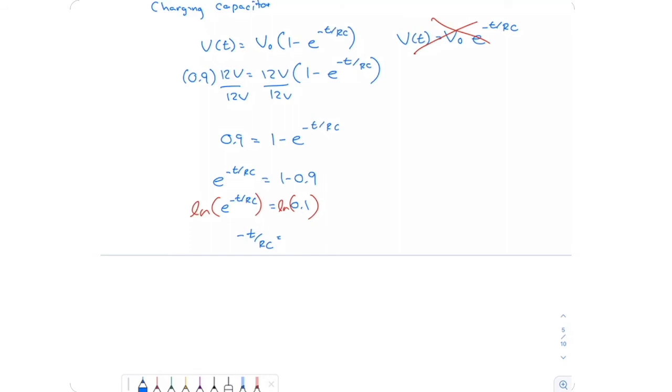And the natural log of 0.1 is something I can type into my calculator. So to solve for time, I'll just multiply both sides by minus RC. And then evaluate. I've got 50 ohms, 100 microfarads, and natural log of 0.1.